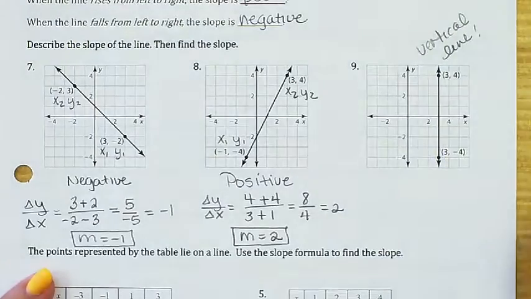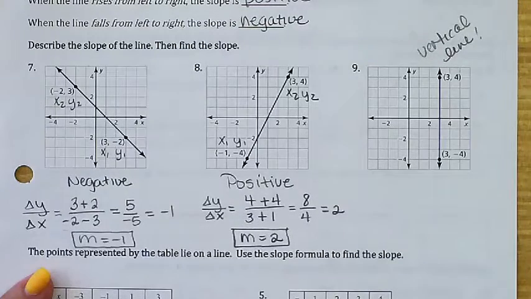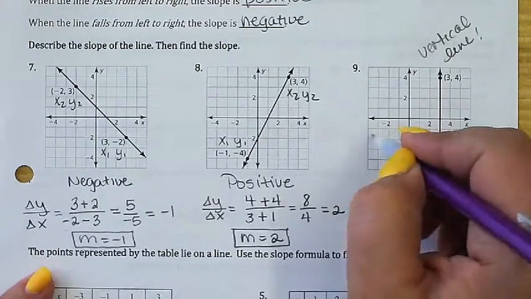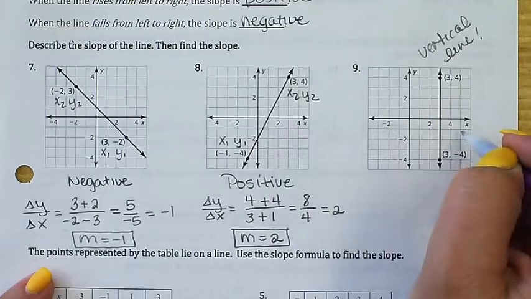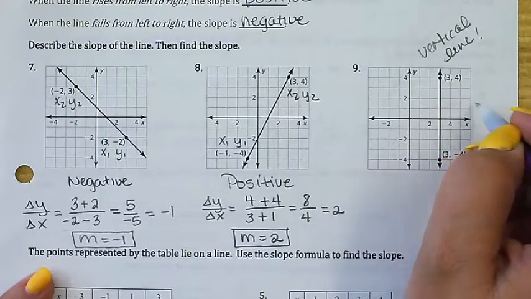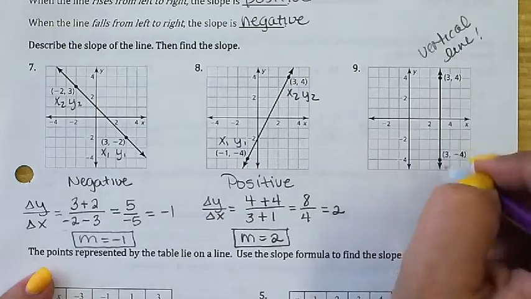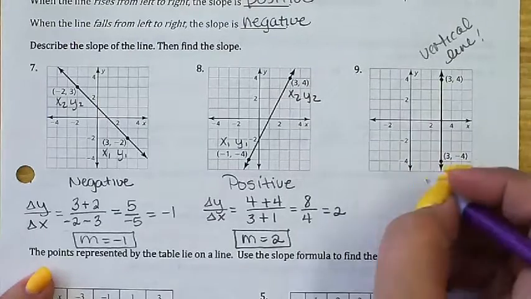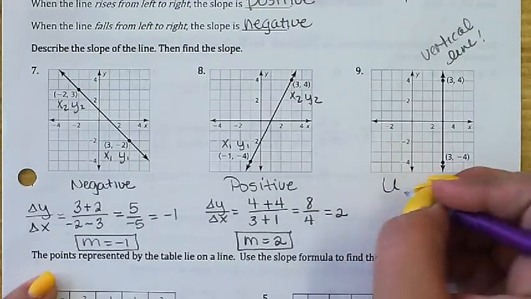It doesn't really play nice with most of the stuff we know about lines, and this is no exception. Guys, this has no rise and no run. From left to right, there is no left to right, right? There's just where x was 3. There's nothing happening from left to right, upward or downward. There's only one x value here. This is what we call an undefined slope.